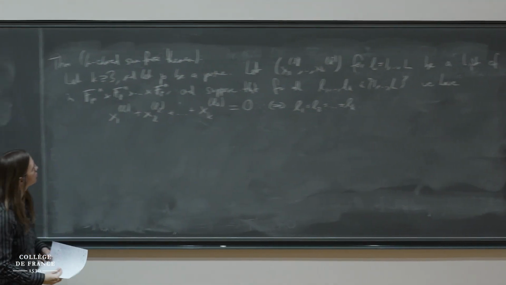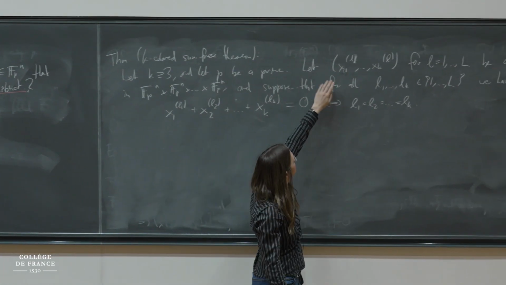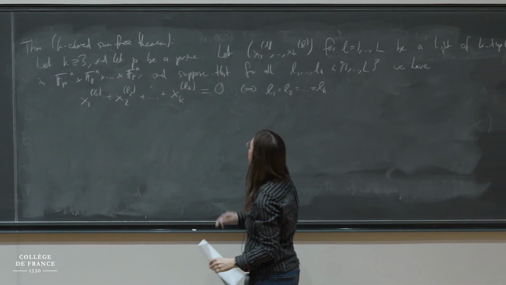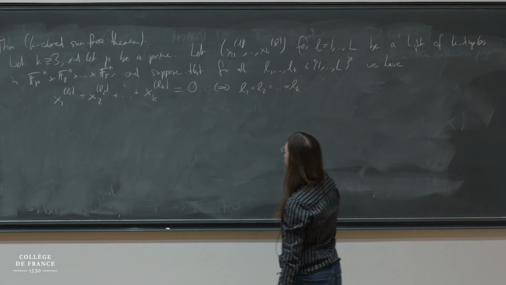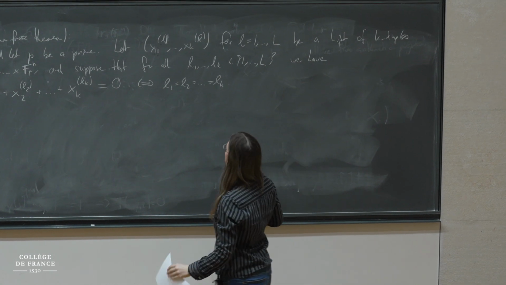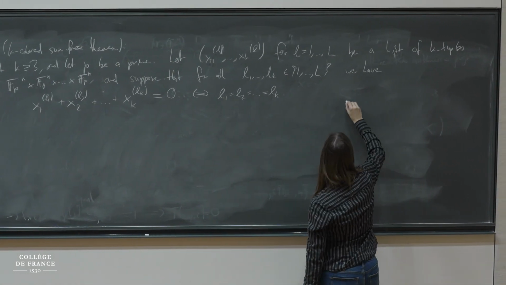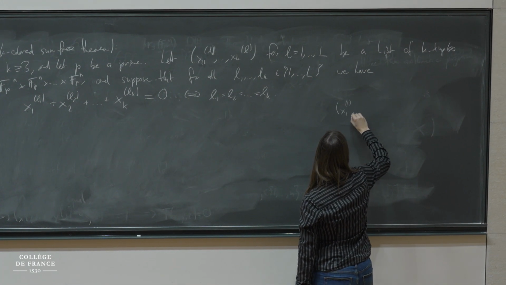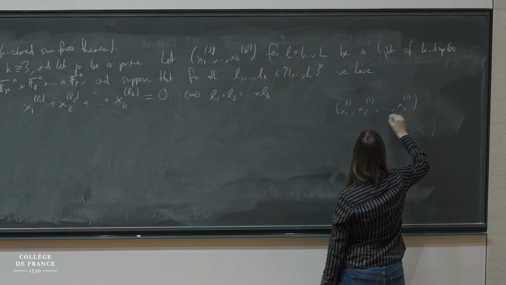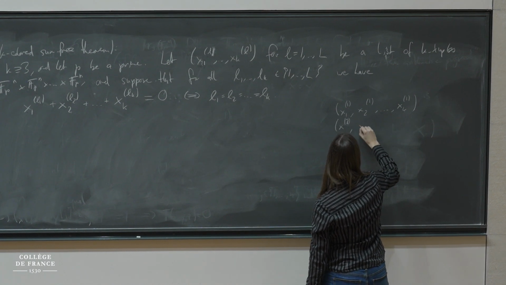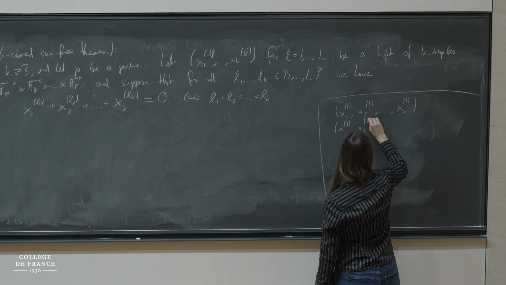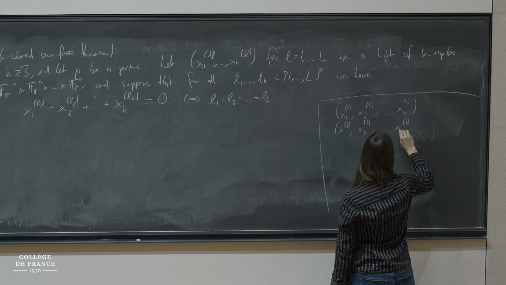Okay, so how should we think about that? Well, what this means is that each of these k-tuples in our list in itself sums to the 0 vector. So for every index, we have this k-tuple of vectors in F_p^n, and the k vectors in that tuple sum up to 0. You can think of this as a picture of this list. First we have the first k-tuple, then we have the second k-tuple, and so on.